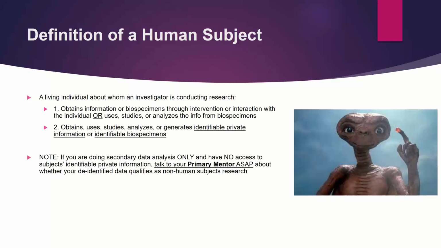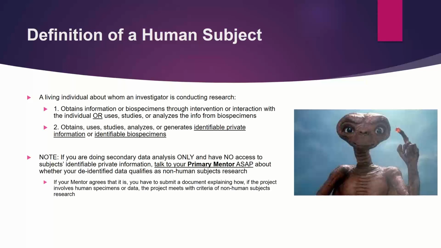So important to note, if you're doing secondary data analysis only and have no access to subjects' identifiable private information, talk to your primary mentor ASAP about whether your de-identified data qualifies as non-human subjects research. If your mentor agrees that it is non-human subjects research, so it doesn't qualify as human subjects research, you have to submit a document explaining how, if the project involves human specimens or data, the project is consistent with the criteria of non-human subjects research.